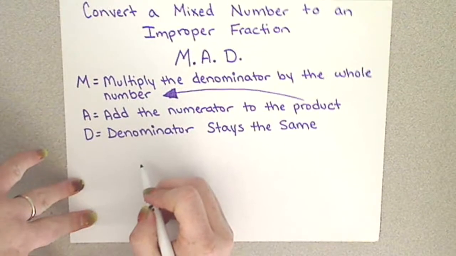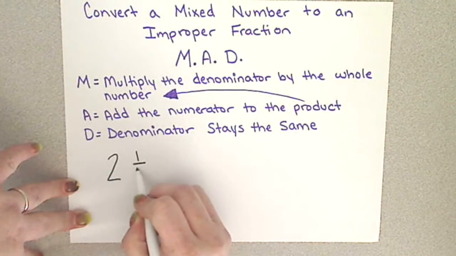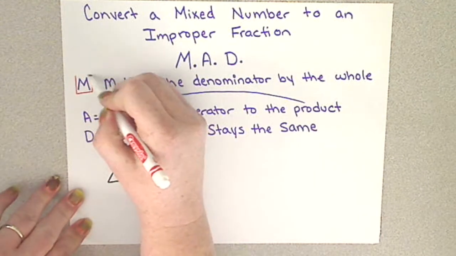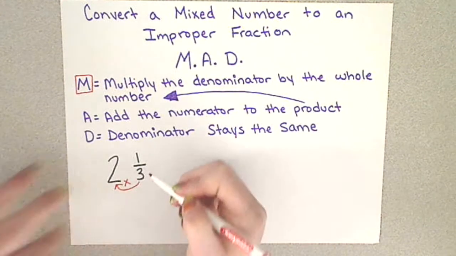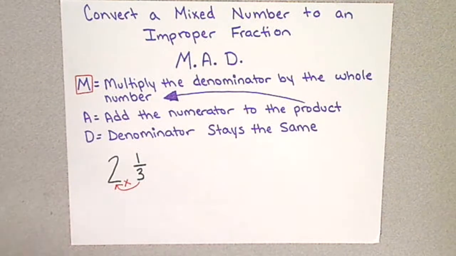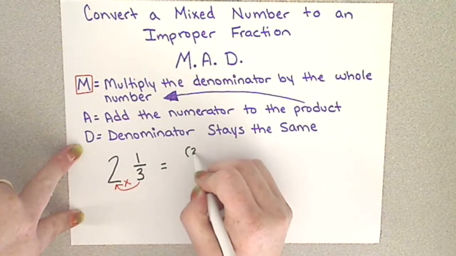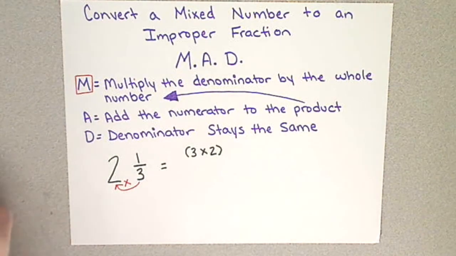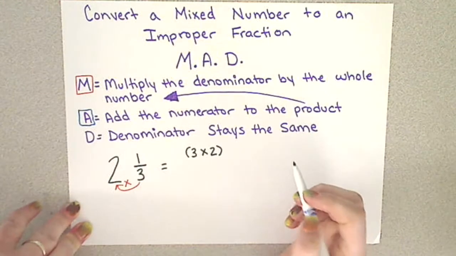So I have 2 1/3. I am going to start with the M, and I'm going to multiply 3 times 2. And then I'm going to add the numerator to that product.